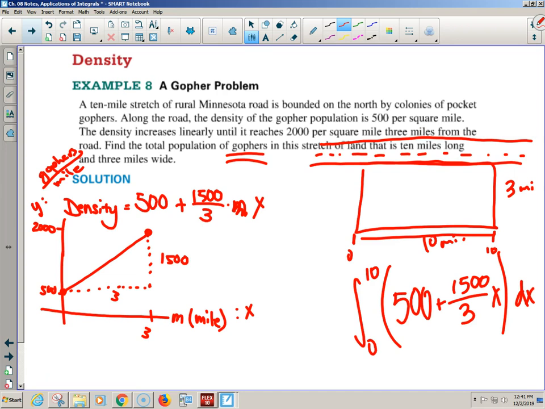The density was always changing depending on what part you were along the way. And it's impossible for me to actually do the infinitely many pieces along the way from 0 to 3 along this stretch of 0 to 10. But an integral can say, oh, don't worry, I can slice this up into infinitely thin intervals and accumulate accordingly.